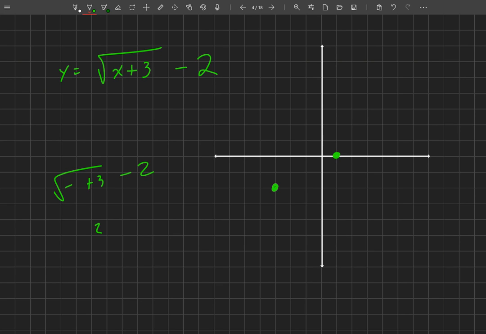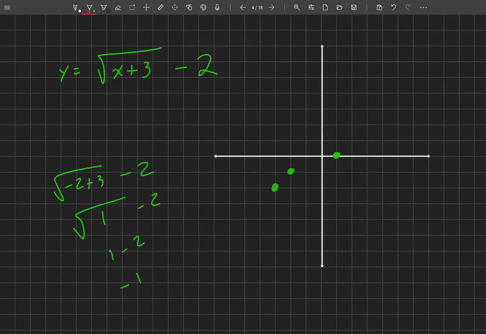Did I just say negative 2? Yeah, but I didn't write it. My bad. All right, we're going to plug in negative 2, not negative 1. All right, it's late. Negative 2 plus 3 is 1, right? So what is the square root of 1? Well, it's 1. And 1 minus 2 is negative 1. So if I plug in negative 2, I get the number negative 1.